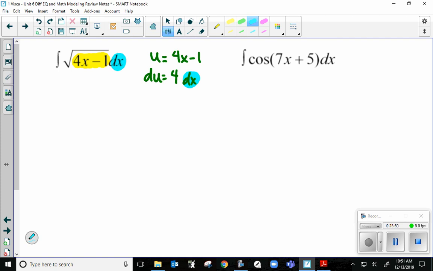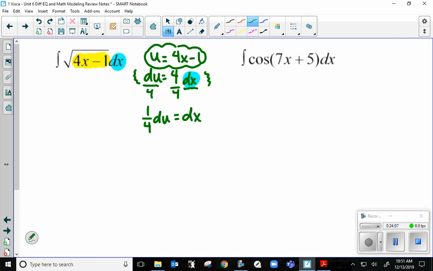So look at the little equation I have. How do I get my dx alone? Don't I divide by 4? What I do to one side, I do to the other? So I technically have 1/4 du equals dx. So this is going in for u, and I'm not going to put du in for dx. I'm going to put 1/4 du in for dx.